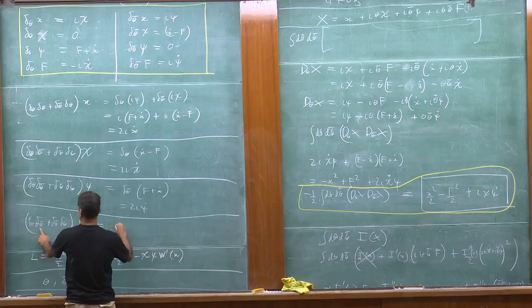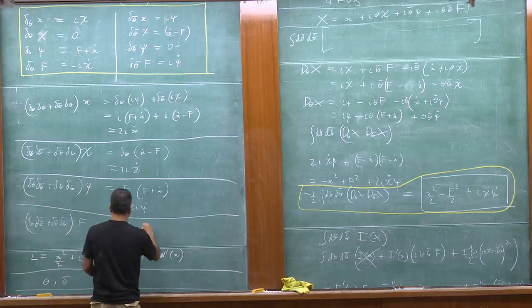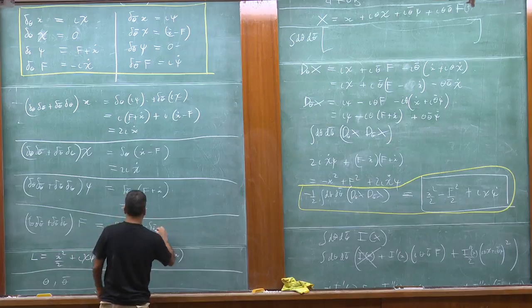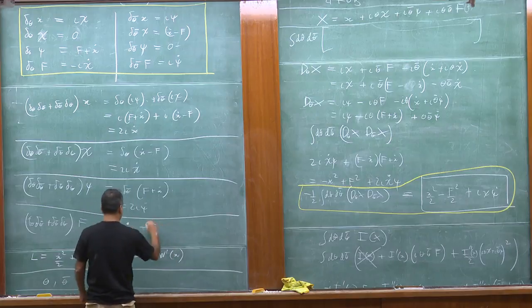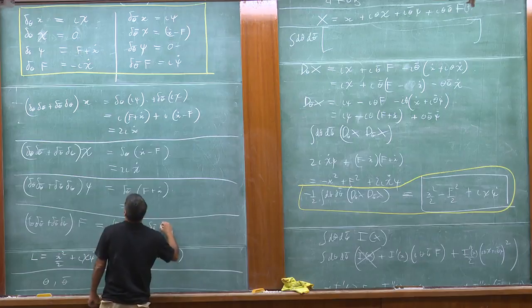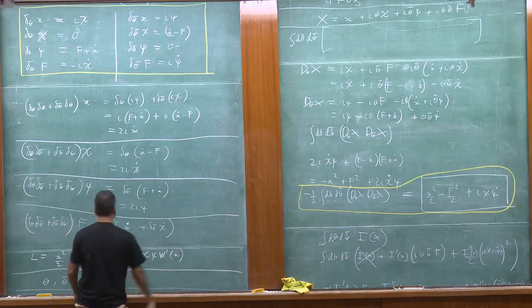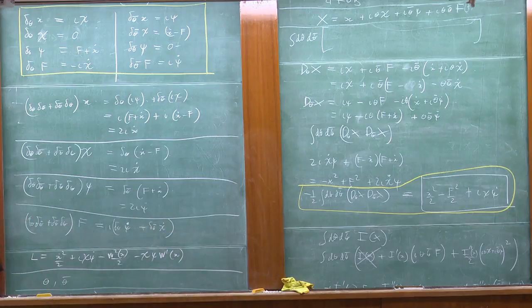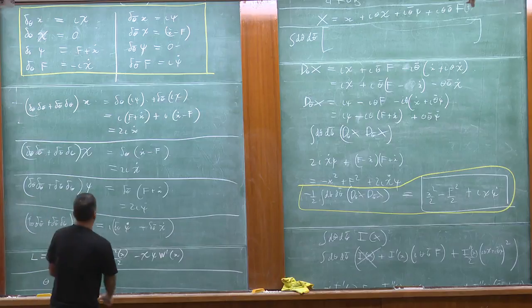So that's equal to delta theta of I psi dot plus delta theta bar on minus on chi dot. Now delta theta of, right.